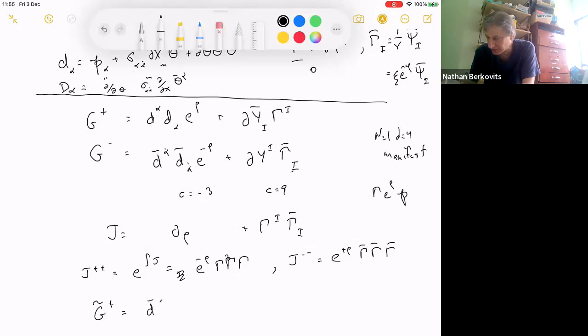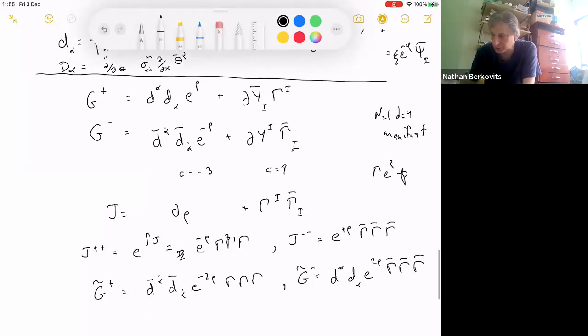It's d bar alpha dot, d bar alpha dot. Now you have e to the minus 2 rho times gamma, gamma, gamma. And G tilde minus, you want, is equal to d alpha, e to the 2 rho times gamma bar again. Now the action is, of course, only going to involve G plus. And I forgot to write the other term.